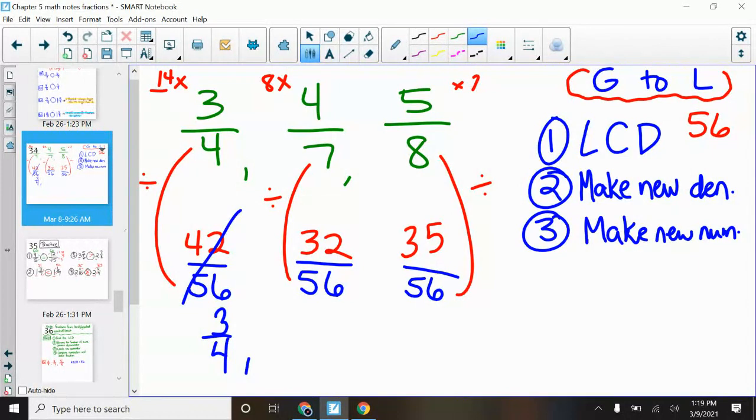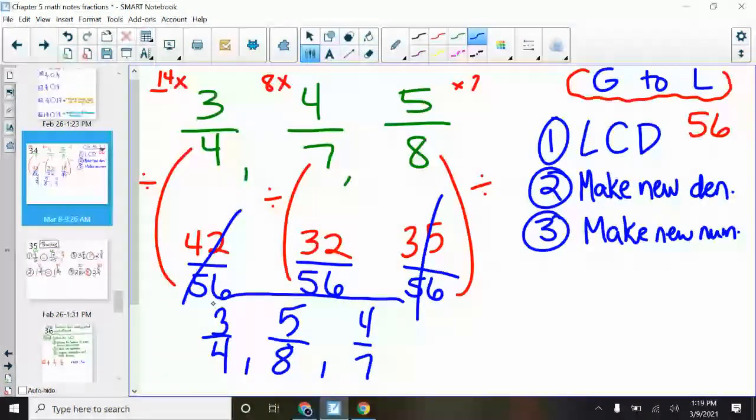What's bigger? Tessa? 35. And that goes with which fraction? So 5/8 would be the next greatest fraction. So then the only thing left is what? This one, which goes with 4/7. So here, friends, is your order. That's the order from the greatest one to the smallest one.